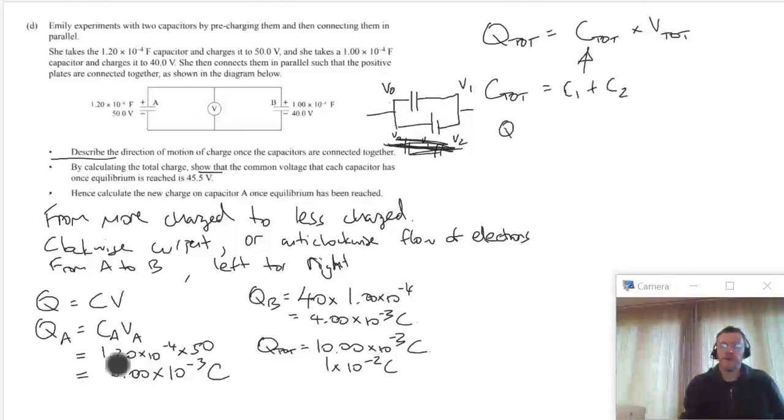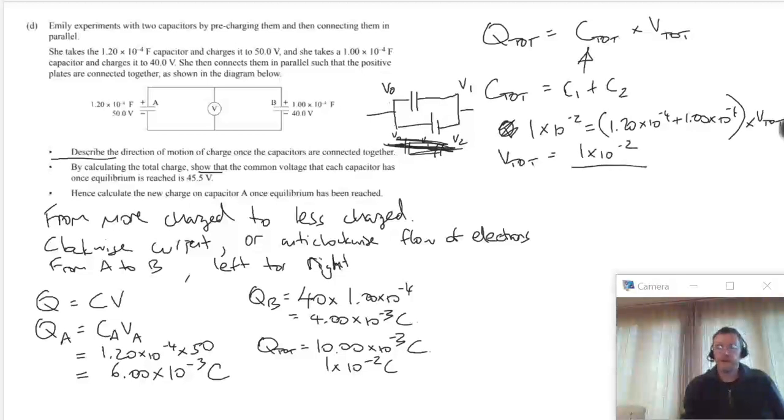So we get Q total, which we've got down here. So 1 times 10 to the minus 2 equals, and we've got two capacitances, 1.20 times 10 to the minus 4 plus 1.00 times 10 to the minus 4, times V total. And now V total equals 1 times 10 to the minus 2 divided by 2.2 times 10 to the minus 4.